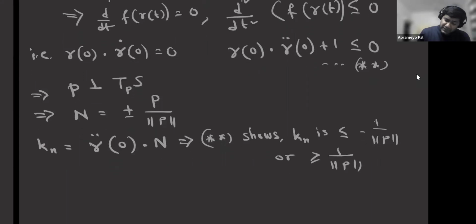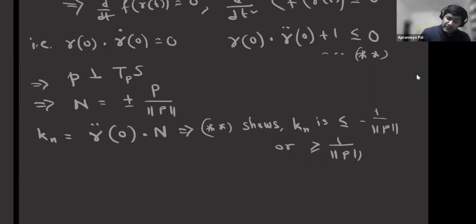Now, if you remember yesterday's lecture, there was a very nice geometrical interpretation of the normal curvature in terms of principal curvatures. They were actually the maximum and minimum. It was the corollary to Euler's theorem.